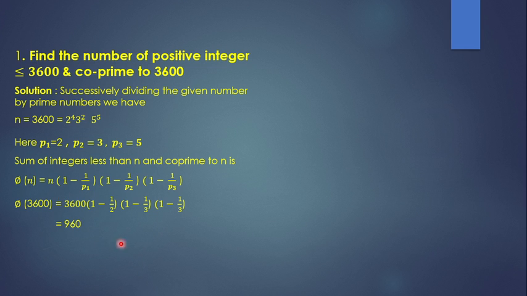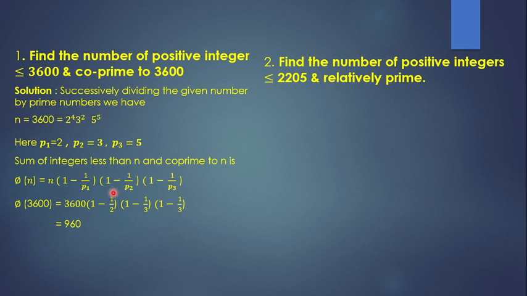In the same way, I have chosen one more example: find the number of positive integers which are less than or equal to 2205 and relatively prime to it. Relatively prime to it means relatively prime to the given number, the same 2205. Here find the prime factors, that is 3 raised to 2, 5 raised to 1 and 7 raised to 2.